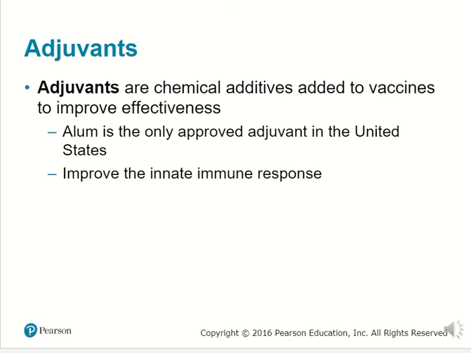A very critical component of vaccines is an adjuvant. These are chemical additives, typically aluminum or alum, which are added to vaccines to improve effectiveness.